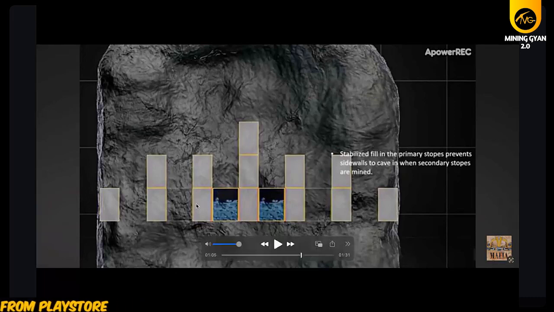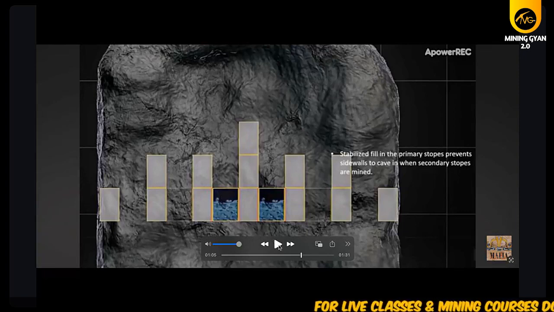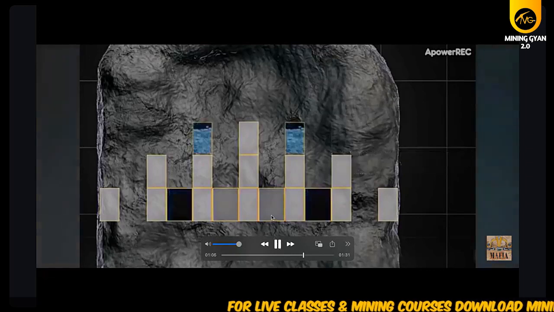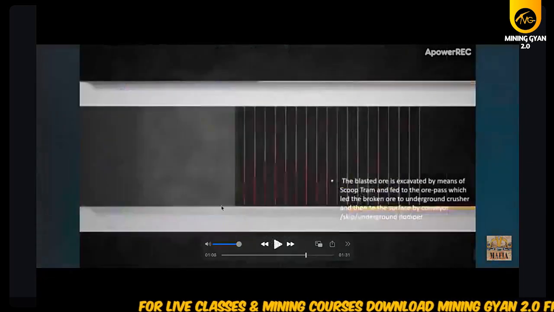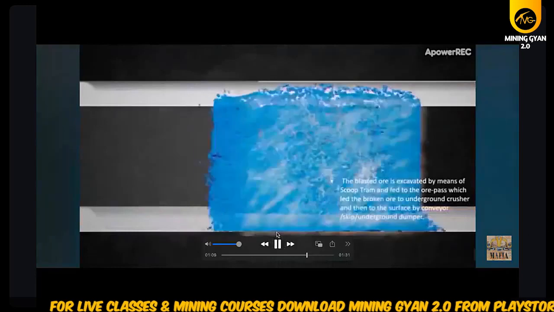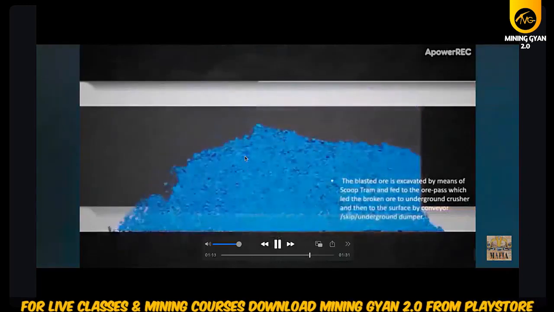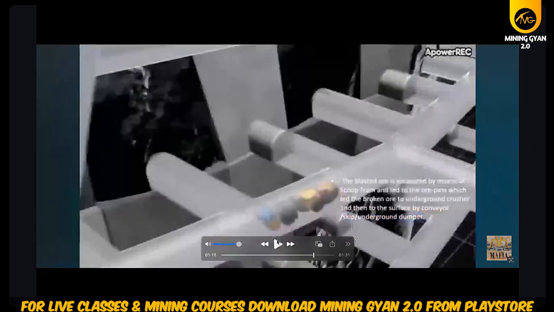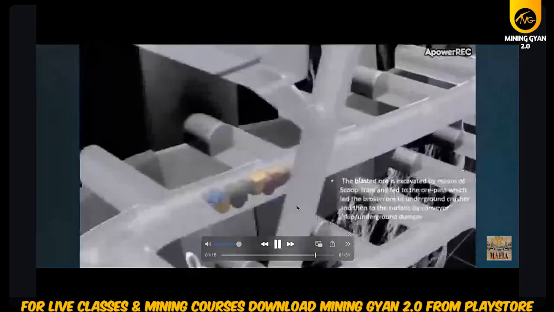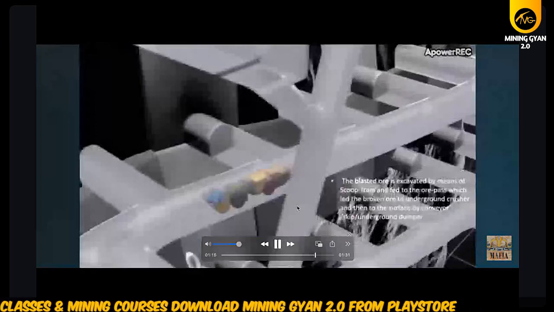So why are we doing this? Because when we try to excavate the secondary stope, it will not collapse, it will provide support, and the side wall will not cave. And whatever material is blasted, we will transport it with the help of the overpass.